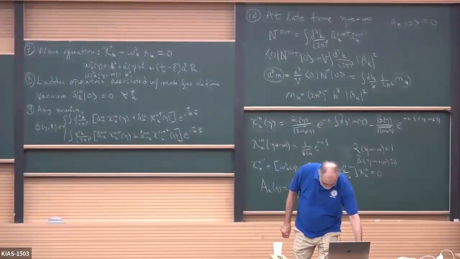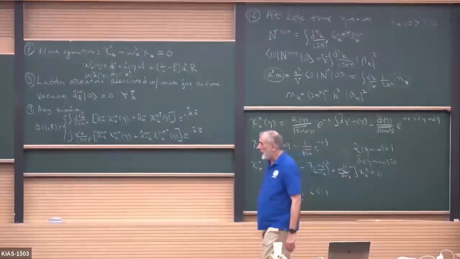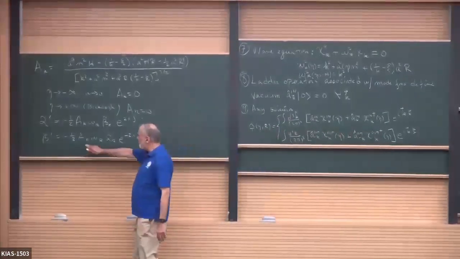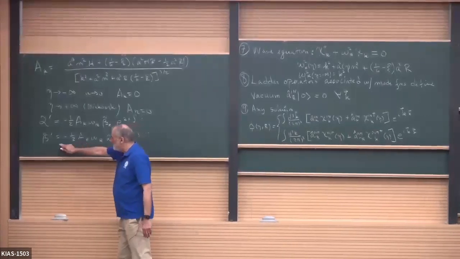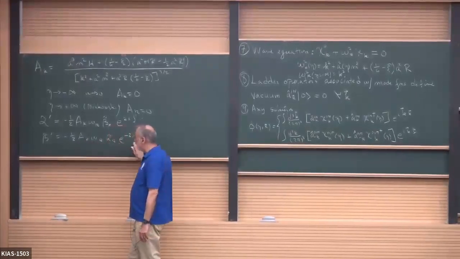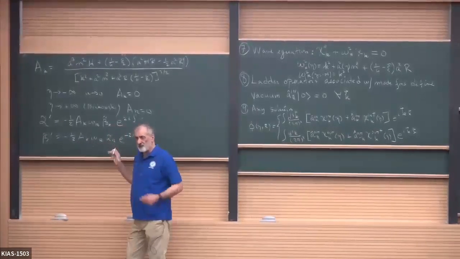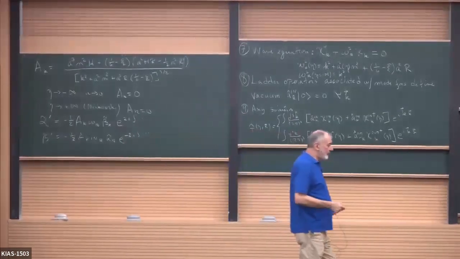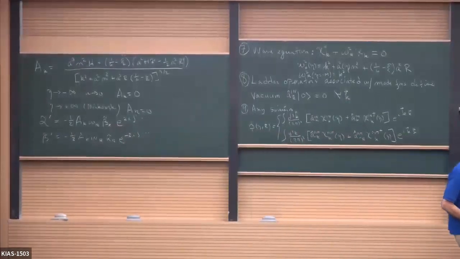And again, you see, obviously, if the adiabaticity parameter is 0 or remains very small, then beta prime will be approximately equal to 0. And you're not going to populate the negative energy solution.